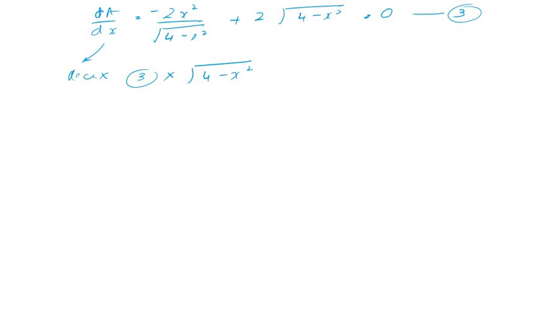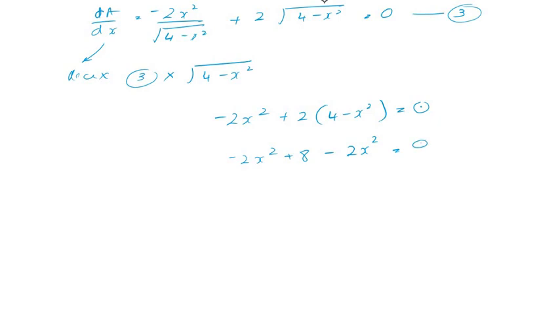When you multiply the entire equation by that, we get minus 2x squared plus 2 times (4 minus x squared), because when you multiply by this value, you get rid of the square root, is equal to 0. Now we'll just multiply this value. We take minus 2x squared plus 8 minus 2x squared. So this is minus 4x squared plus 8, equal to 0.